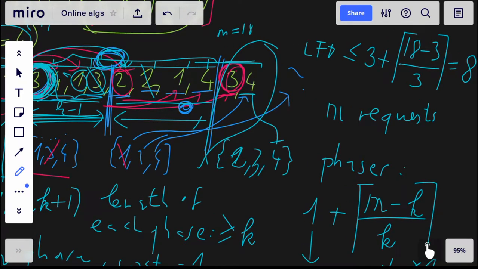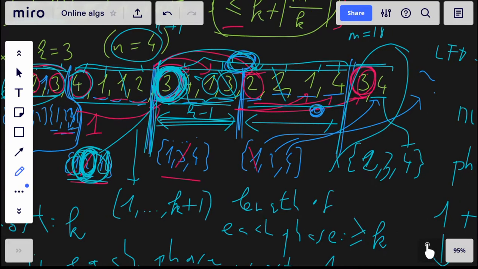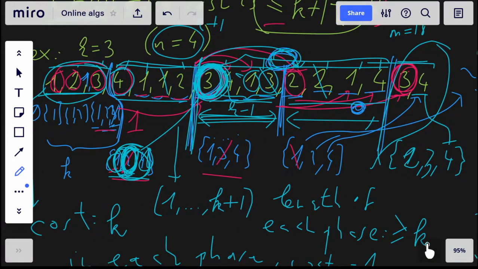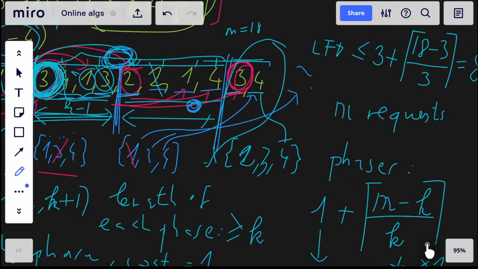If we check, the actual cost is 3 in the first phase plus 1, 2, 3 and 4, so it's 7. So indeed it can be smaller than that.